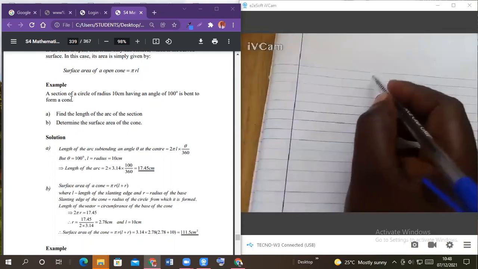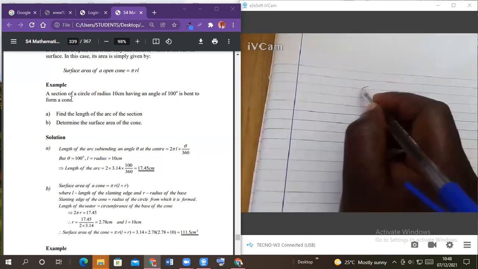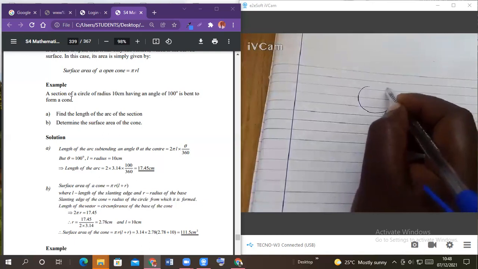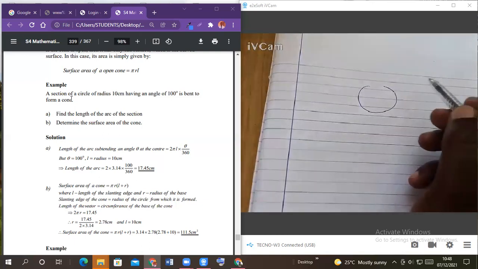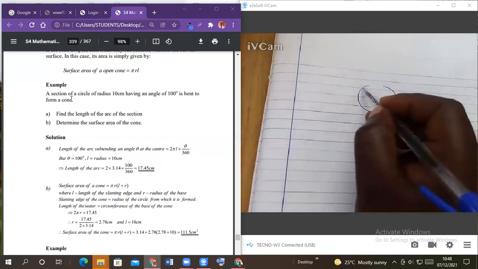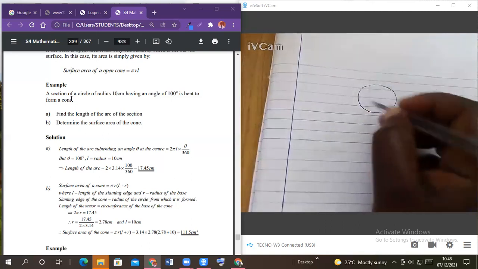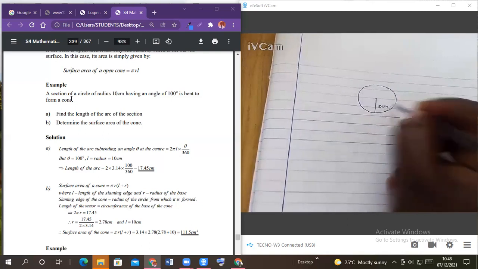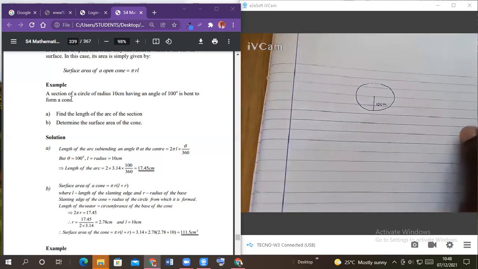So that means there is a circle in this form, just a section of it, and this circle has a radius of 10 centimeters. They are saying that having an angle of 100 degrees, it is bent to form a cone.